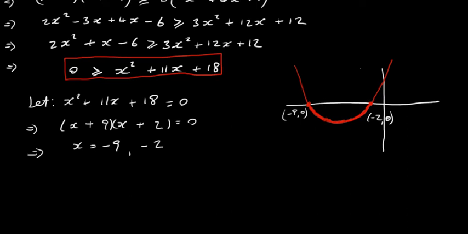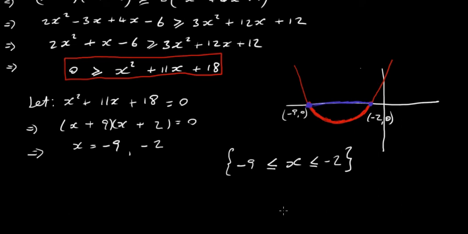Well, the x values that give us those points there are these x values here, including this one and including this one here. So really our solution is, at first glance anyway, x has to be greater than or equal to -9, and it has to be less than or equal to -2.